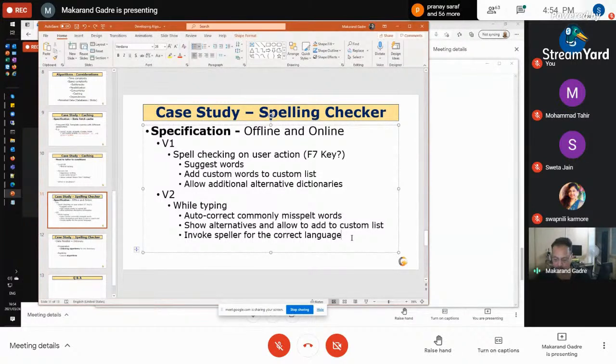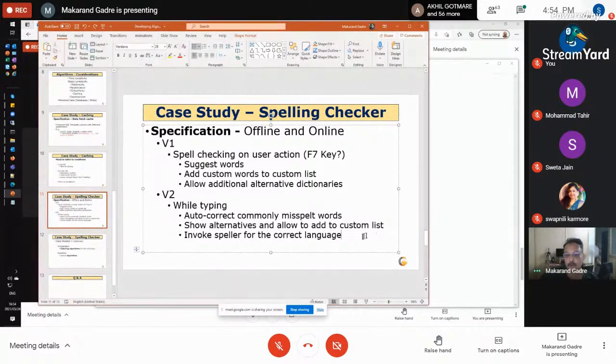If you go to Algeria, Tunisia, Morocco, it's always French and Arabic. In India, we always have the three languages, so Hindi, English, and in the same document you have the local language like Kannada, Marathi, whatever. If I do a spell check on that document, it should pick up three different dictionaries for three different languages.